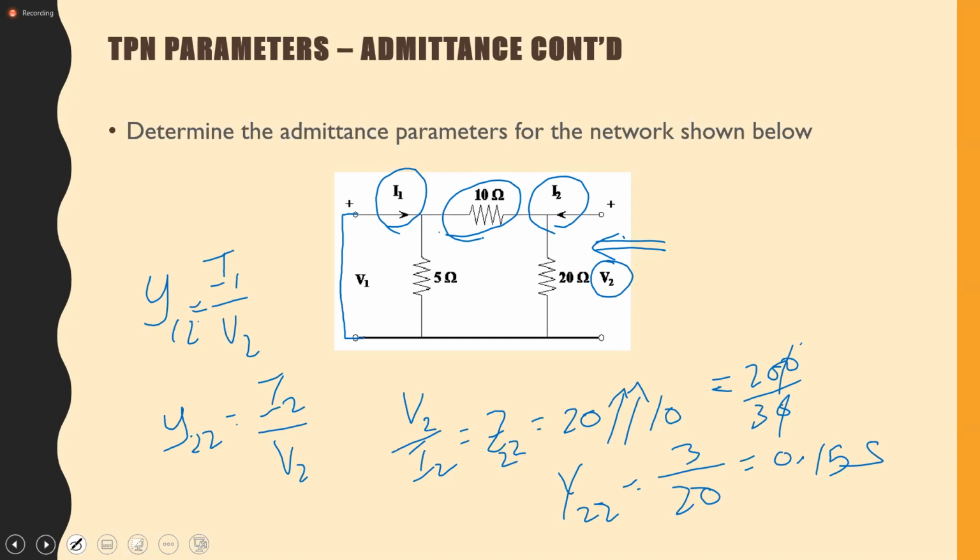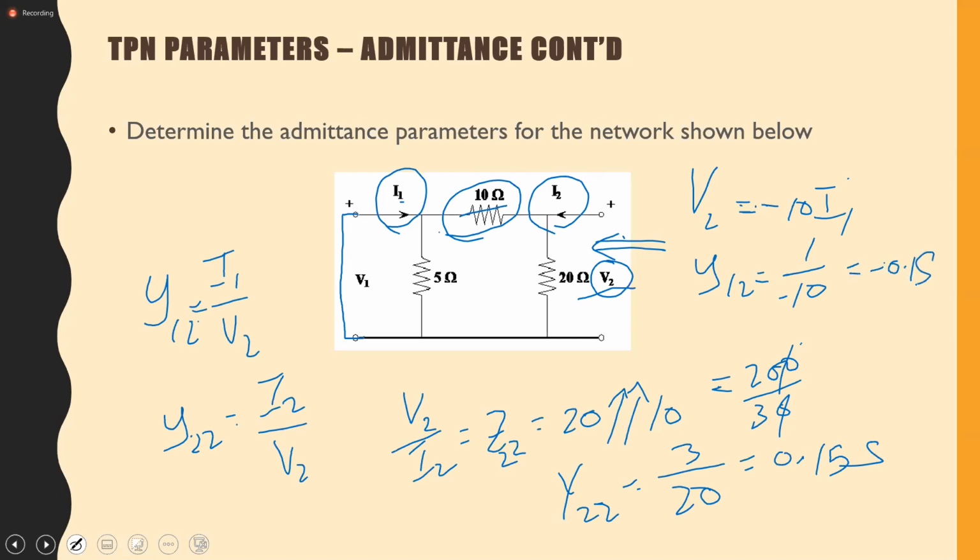Now, what is the relationship between I1, the 10 ohm resistor, and V2? V2 is equal to negative 10 I1. Which means that Y12 would be equal to 1 over negative 10, which gives us minus 0.1 Siemens.